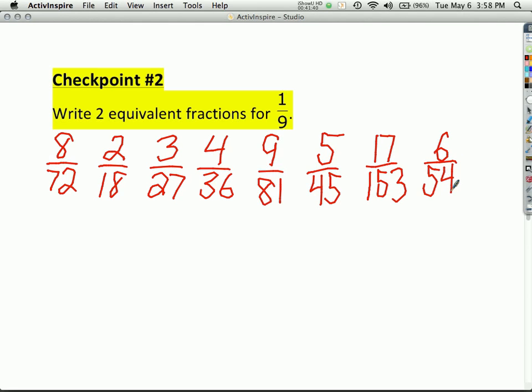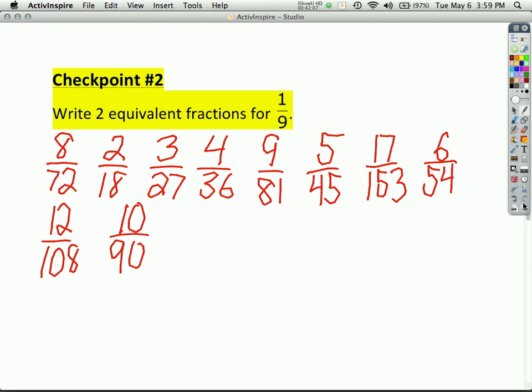Nolly? 12 over 108. Tatiana? You said yours. Anyone have another one? Essence? 10 over 90. Very good one. So here we have a huge variety of numbers that look totally different, but they all have the same value. Does anyone have any comments or questions on this?